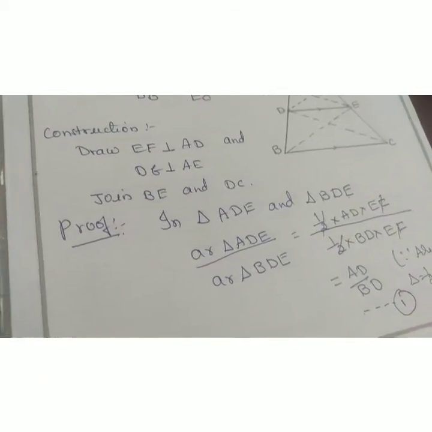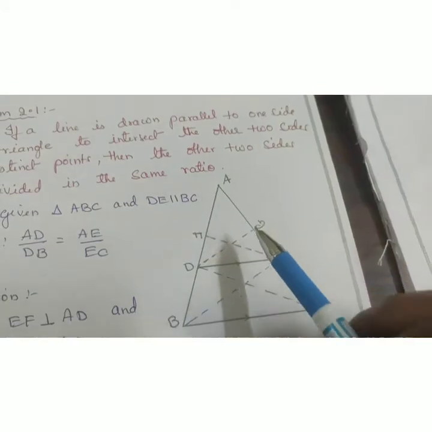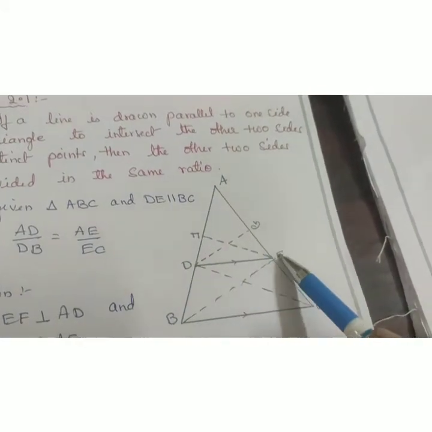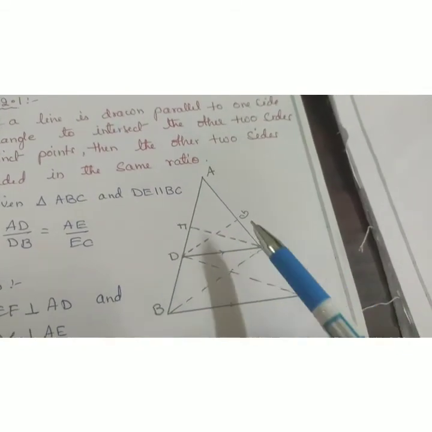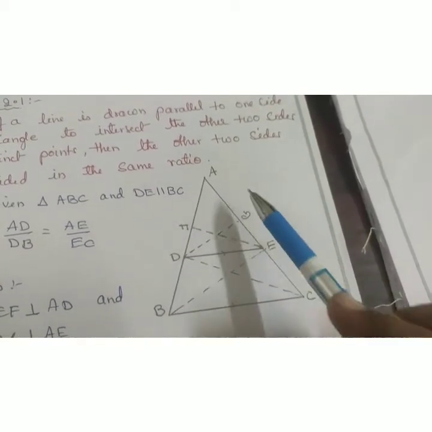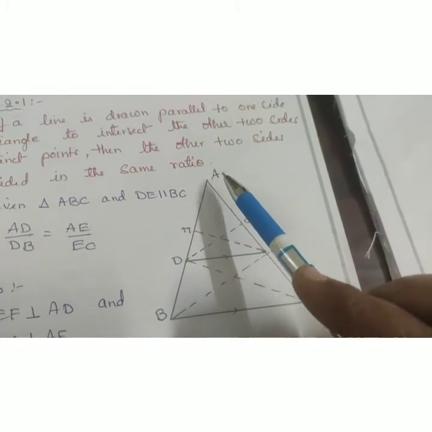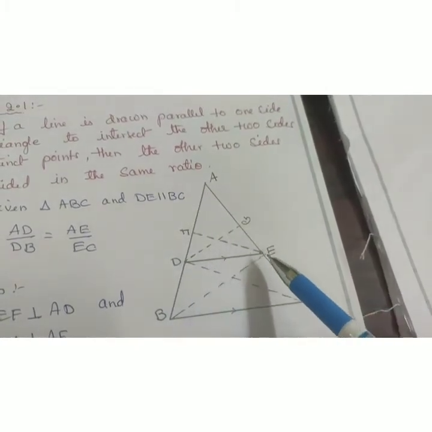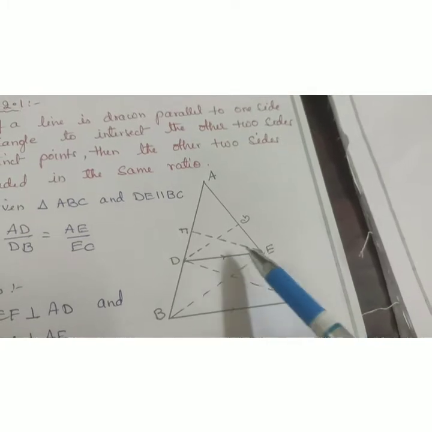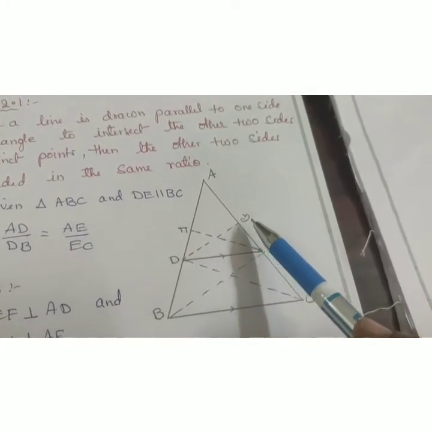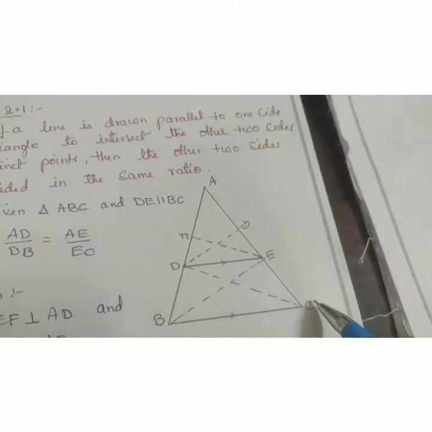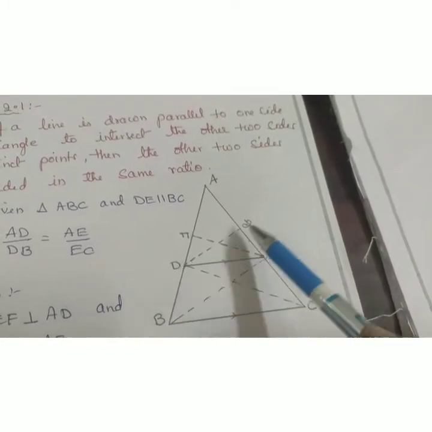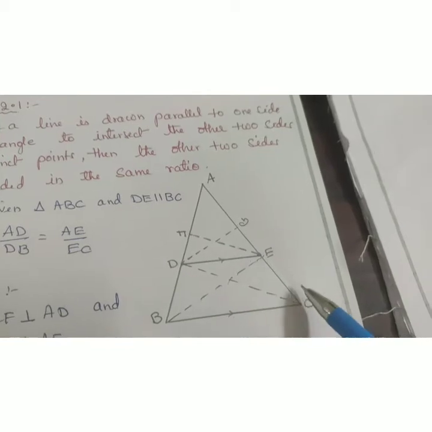Similarly we will prove for the other. Now in triangle ADE and triangle DEC, the area of ADE will be half base into height, half into base AE into height DG. Similarly for this, half into base EC into height, once again DG only. DG will be the height for this triangle.